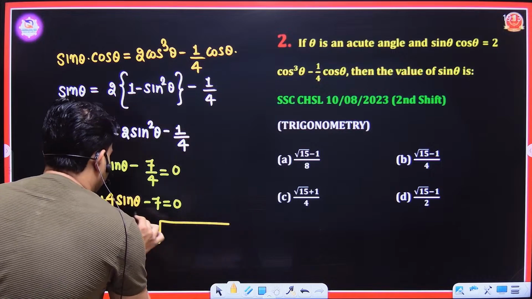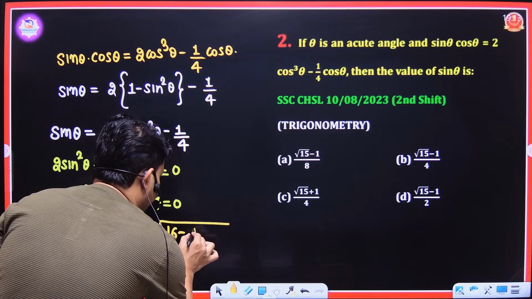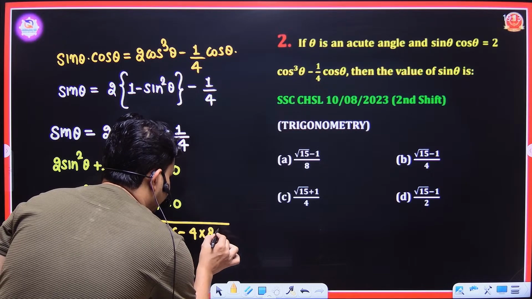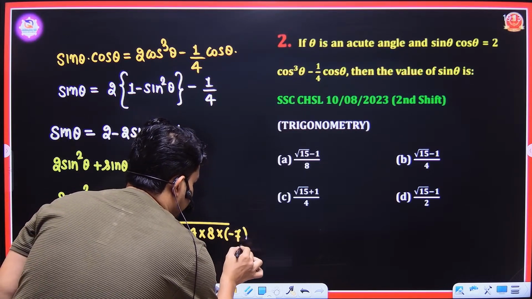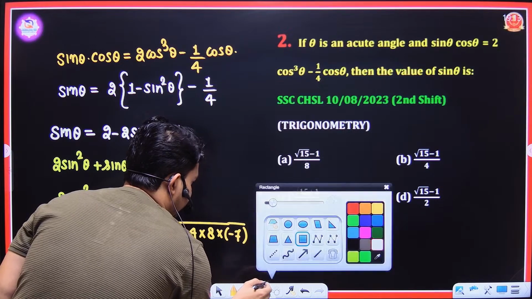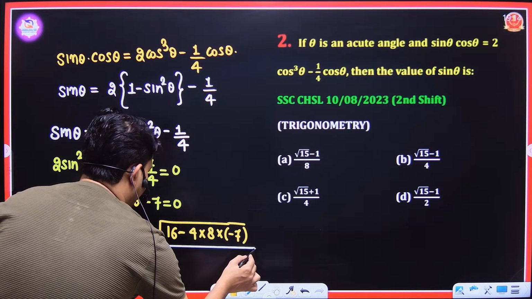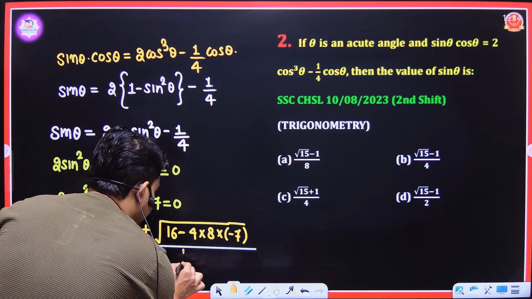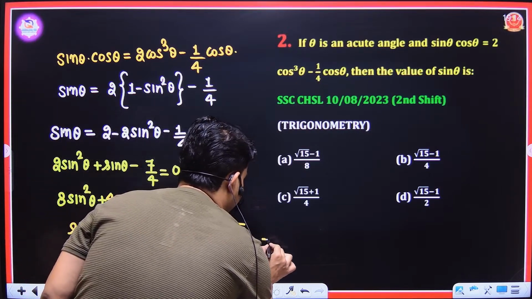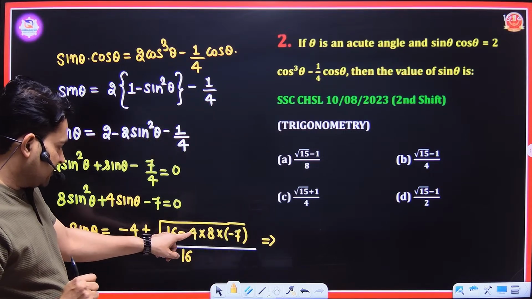What is b? 4. 4 square is 16, minus 4ac. 4 into a is 8, into c is minus 7, divided by 2a, twice of a. And what is a? That is 8. It means 16 here. If I solve it, see, 16 is there, and 8 fours are 32, 16 is there.